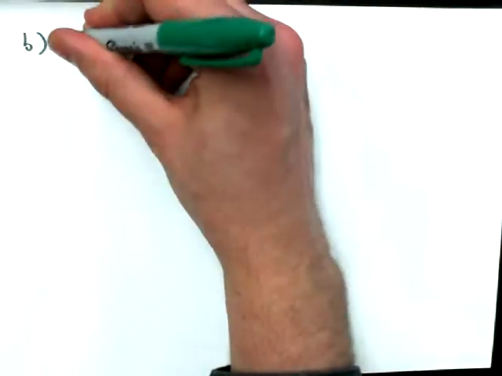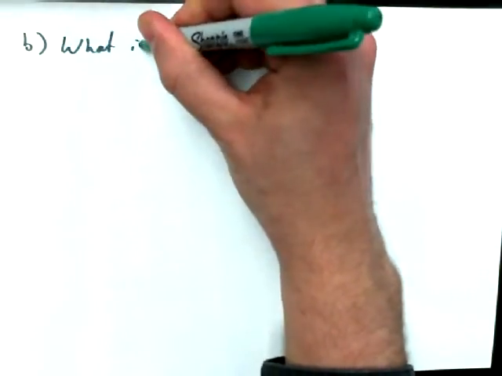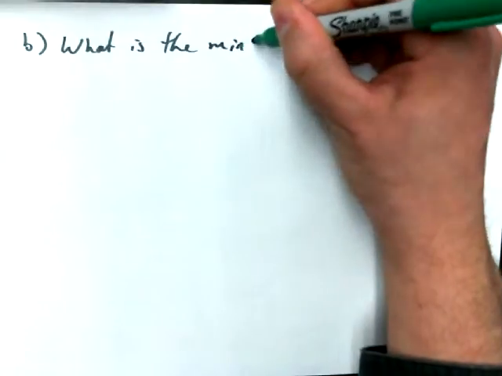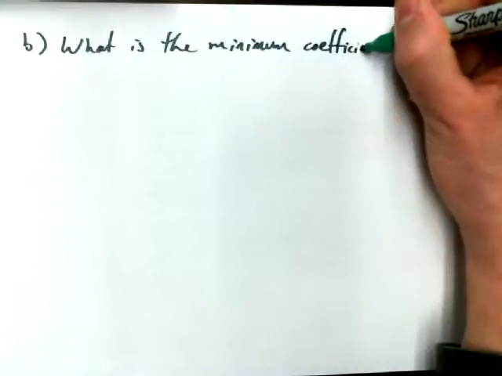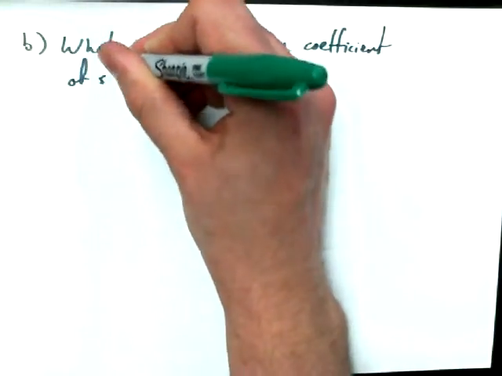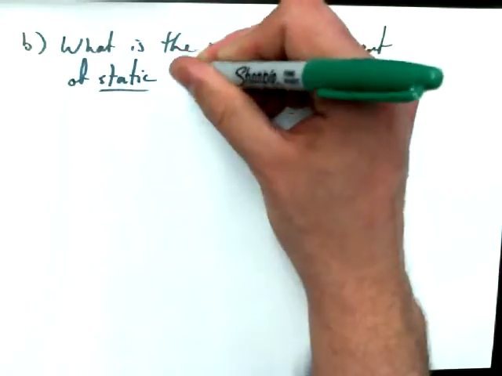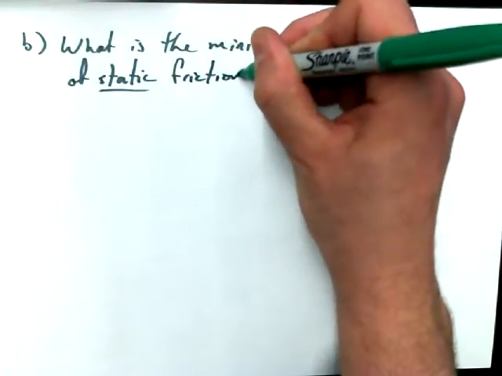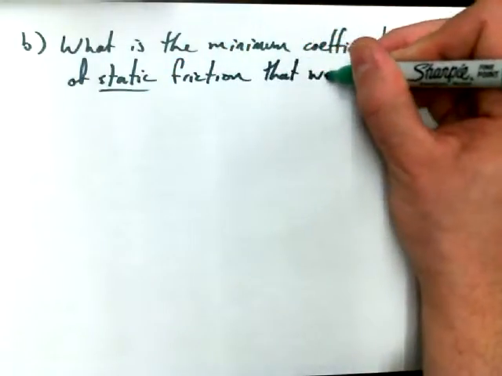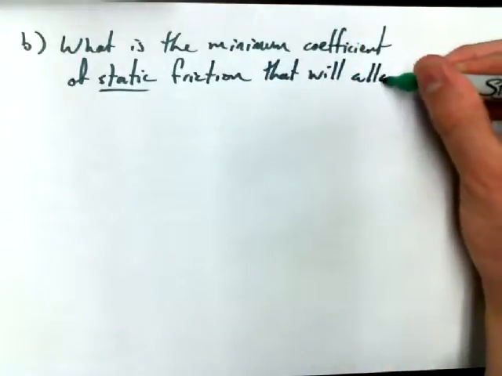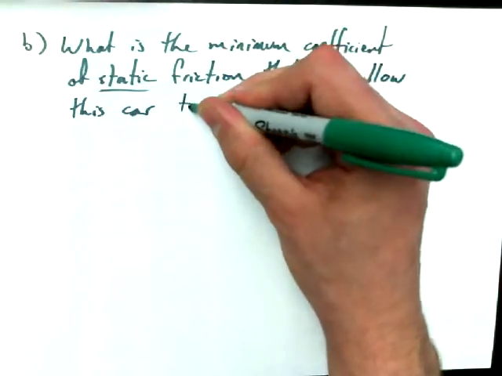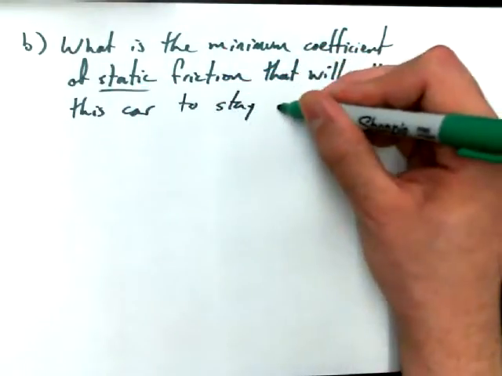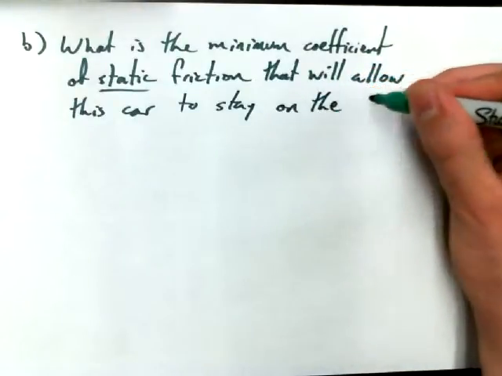So the next question I'd like to ask to sort of extend this is, what is the minimum coefficient of static friction that will allow this car to stay on the path?